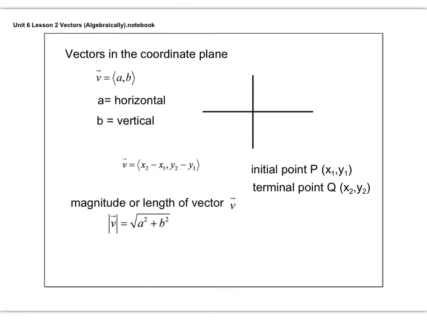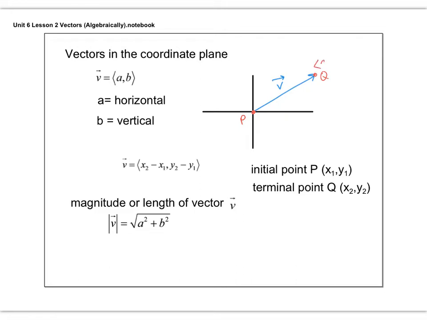Vectors are often represented in a coordinate plane. So let's say I had vector v. I'm just going to draw in a random vector. I'll call this vector v. This vector has an initial point down here, we can call that P, and it has a terminal point up here, we can call that Q. At the terminal point, you could put a coordinate there, but oftentimes when using vectors, instead of calling it a coordinate, they call it a component.